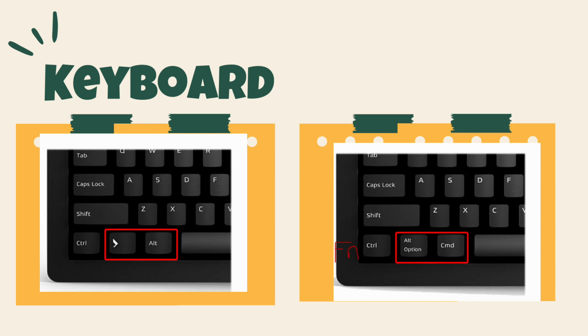Ayan, may FN key pa siya dito. Then, Control, Alt, Option, then the Command. So, baka magkamali kayo ng bili ng keyboard, pero pwede rin naman ninyong magamit yung keyboard ng Mac sa Windows. Pero baka lang malito kayo sa mga keys kasi magkaiba na yung pwesto.